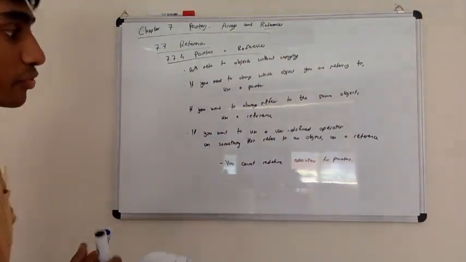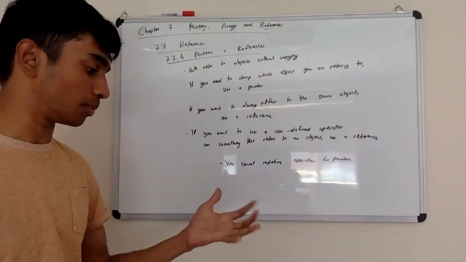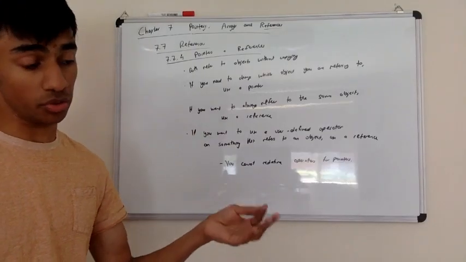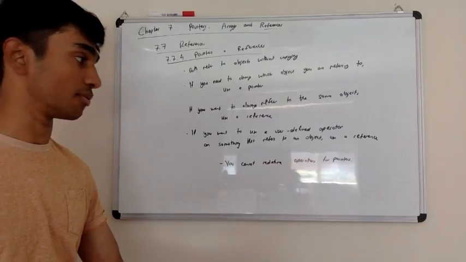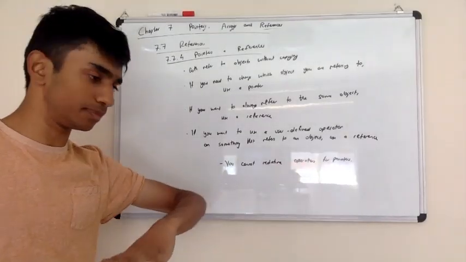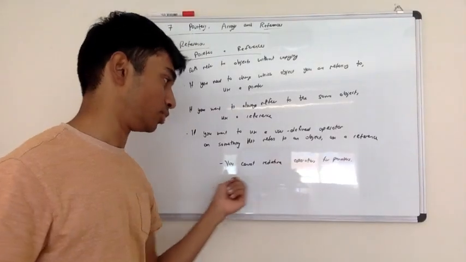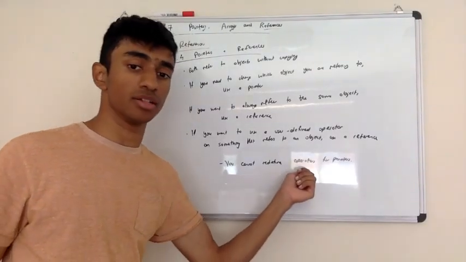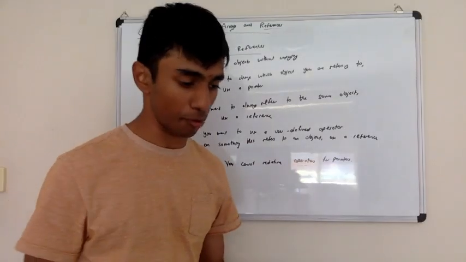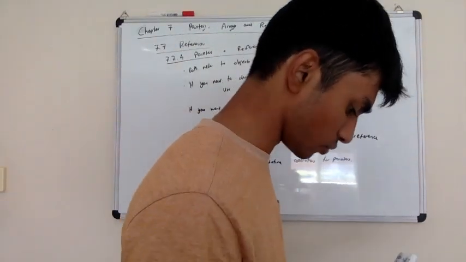When you want to apply operators on objects, it's easier to use references, because references have the same syntax as the object itself. So you can just apply the operator as if you were working with the objects. With pointers, you would have to do some kind of dereferencing, and you can't even make user-defined operators. You can't redefine operators for pointers, because they already have operators associated with them. Things like the arithmetic operators are already in use, and you can't redefine them.